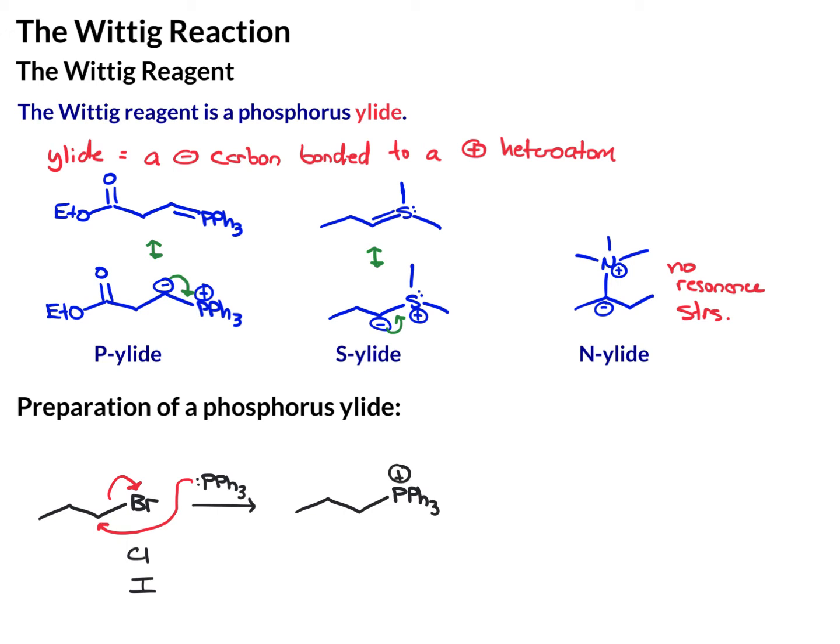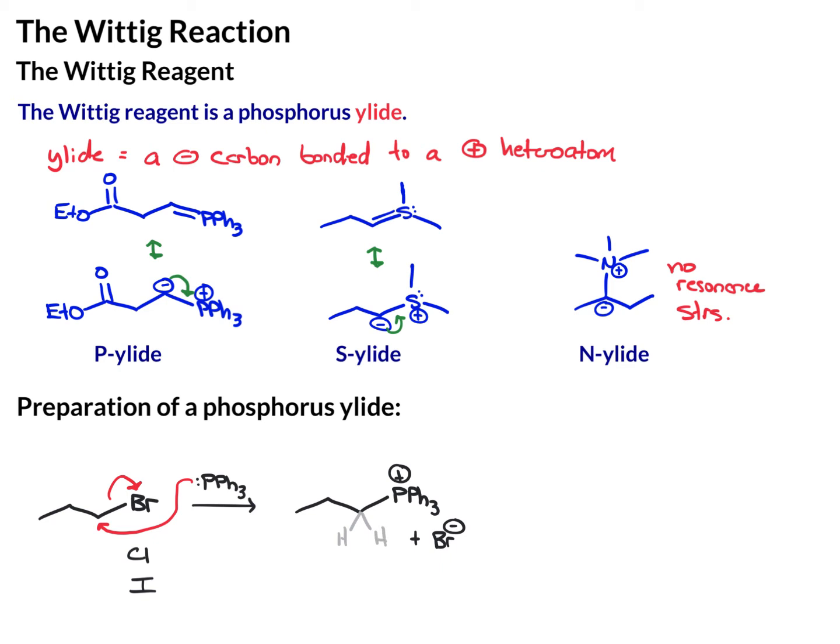So you get the triphenylphosphine with a positive charge attached because it was neutral and you donated its lone pair to form the bond. And you have the counter anion Br-. We don't yet have the negatively charged carbon because the neighboring carbon still has 2 hydrogens on it.